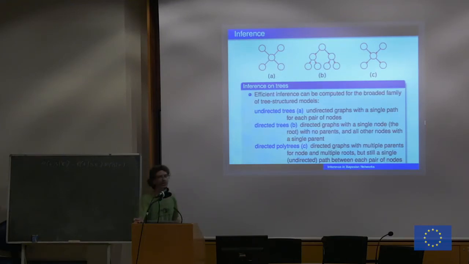Undirected trees, because I didn't talk about this, but these kinds of inference processes work both for Bayesian networks and for another type of graphical models, which is called Markov networks. I don't know if any of you heard about them. They are undirected models, there are no directions in the arrows. It's another type of models which have somewhat different characteristics.